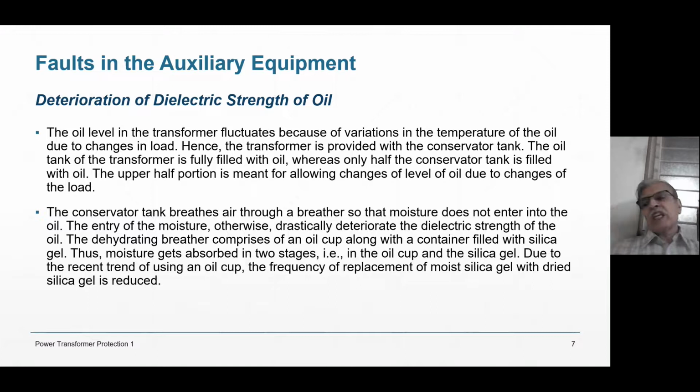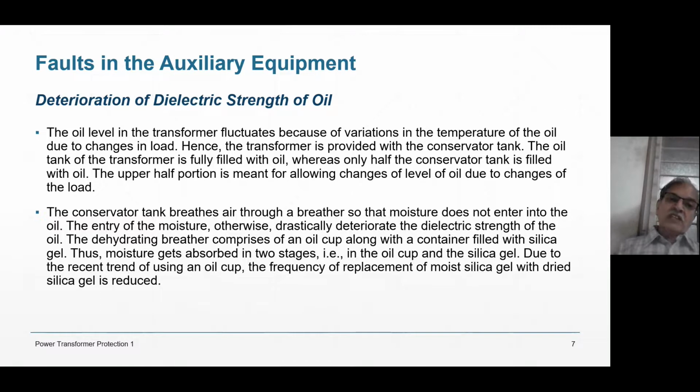It should be 50 kV if it is fresh oil, and slowly it will decrease, and when it turns out to be 30 kV, then you have to take out the oil and refilter the oil. That means you have to take the transformer for maintenance, refilter the oil and fill it up, right?